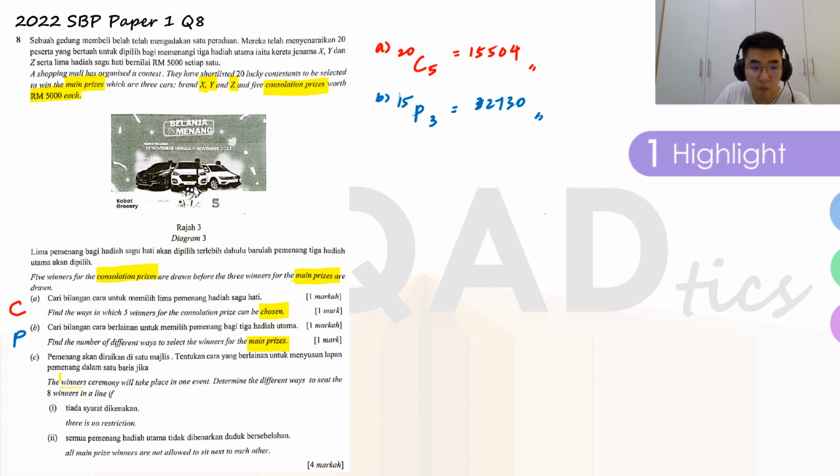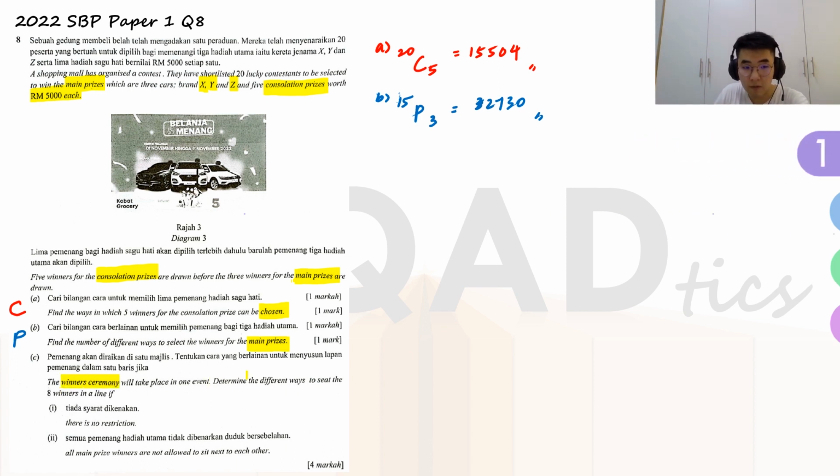For part C, there's a winner ceremony, and we need to find the number of ways to seat these 8 winners in a line. This involves arrangement, so we know that this is a permutation question. The 8 winners means the 5 consolation winners and the 3 main prize winners.